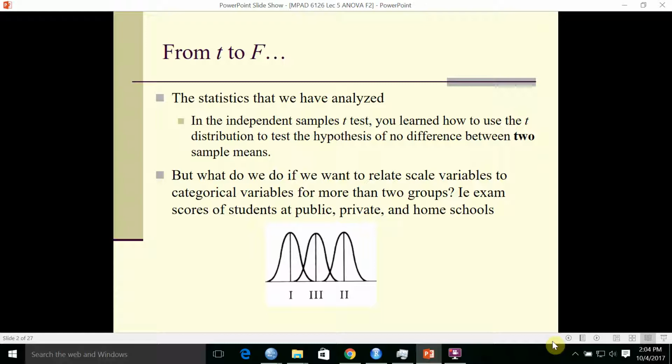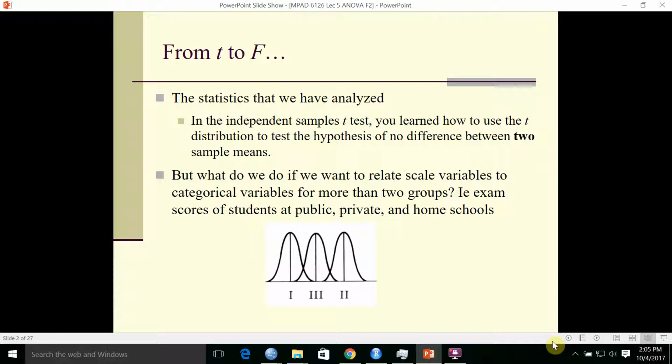But what if we have a situation where we have multiple groups? In that case, for example, we might want to compare the scores of students at public, private, and home schools and see if those groups are significantly different.